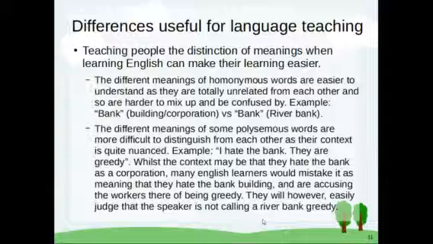So knowing the difference is important for an English language learner, as it means that they'll be able to realize that some words have completely unrelated meanings, and some of them have very similar ones, and they need to watch out for those particular ones, so that they're not getting them mixed up.